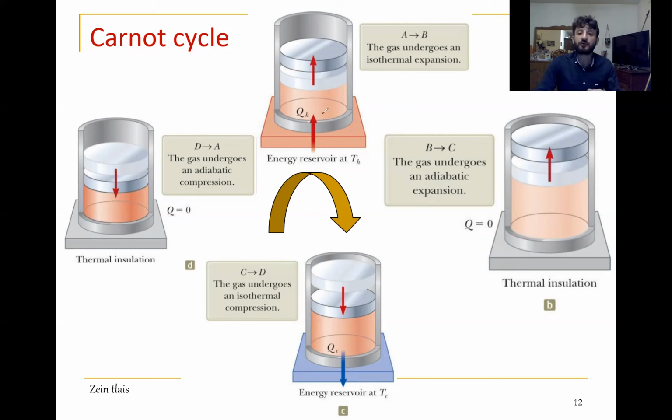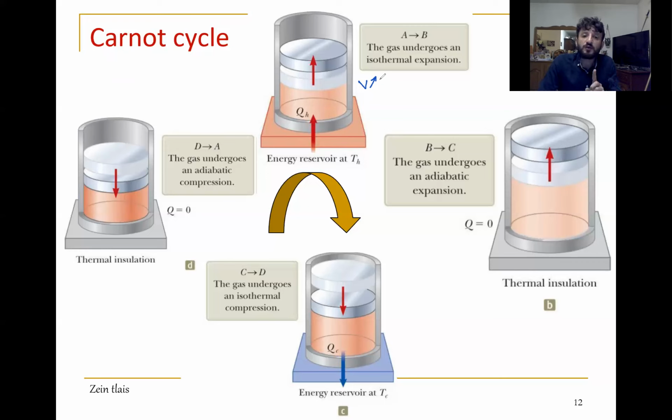First of all, we go from the state A to the state B by an isothermal expansion. So the volume increases. The cylinder is in contact with the energy reservoir at T hot. Why?